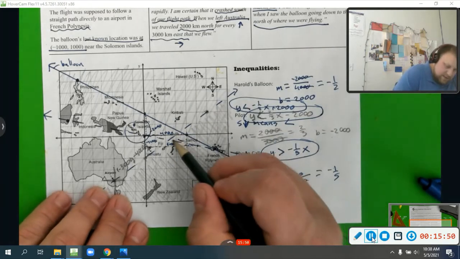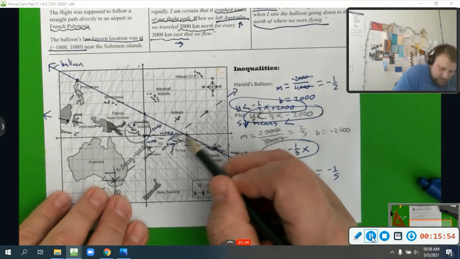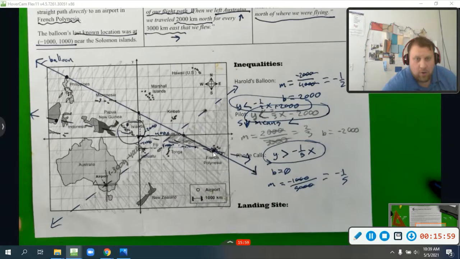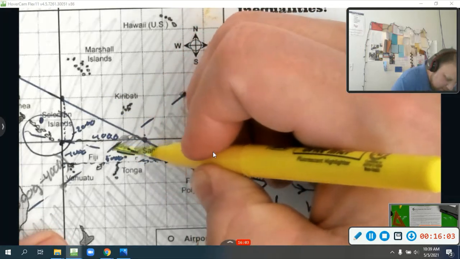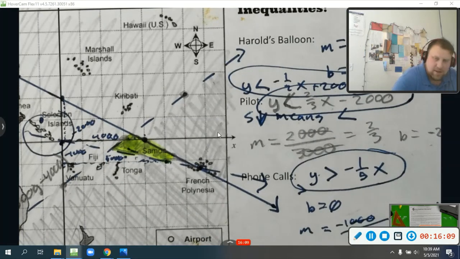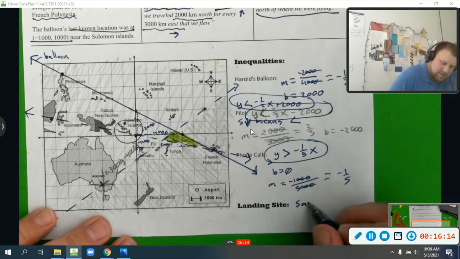Does everybody see this nice little triangle right here? Where they're all 3 shaded. And what do we see? What island is right there? The island of Samoa. So what is our landing site, y'all? It is the island of Samoa.